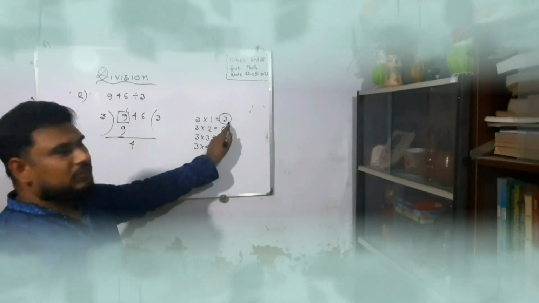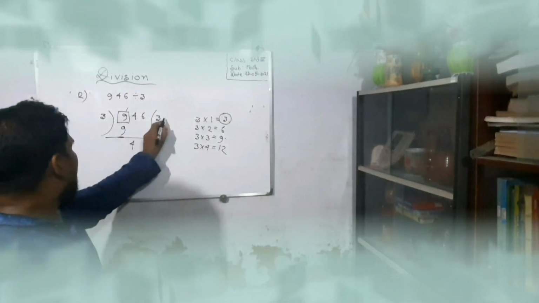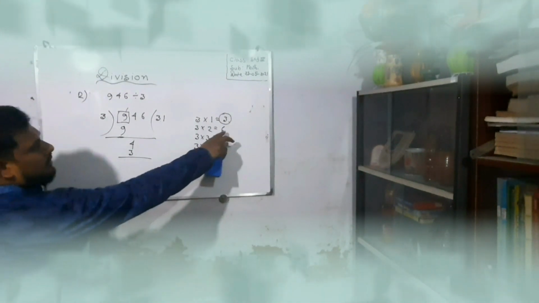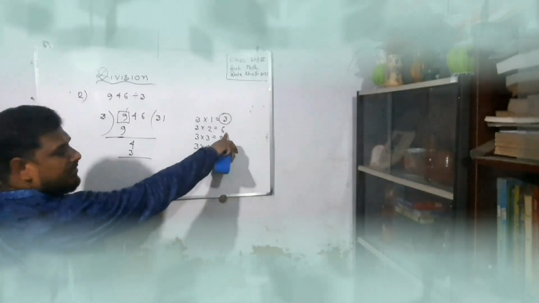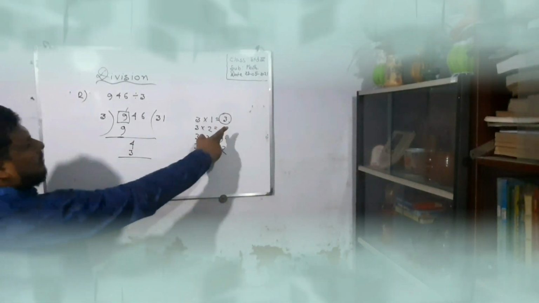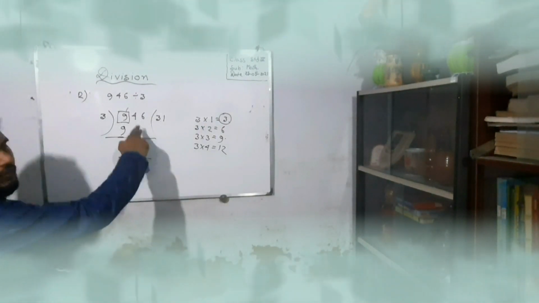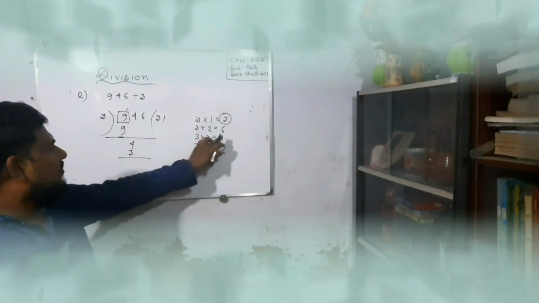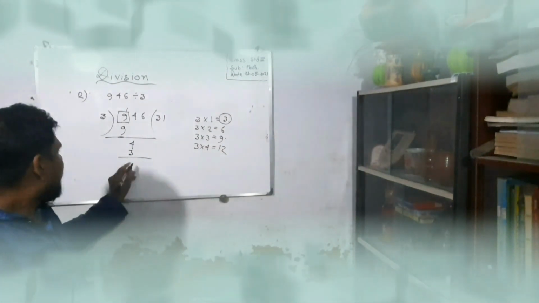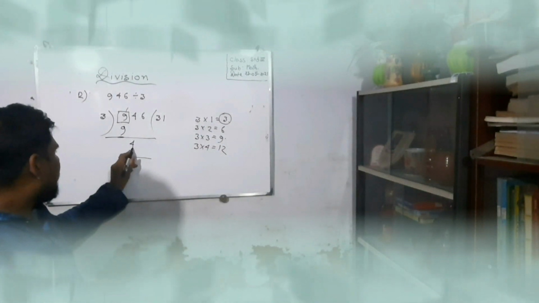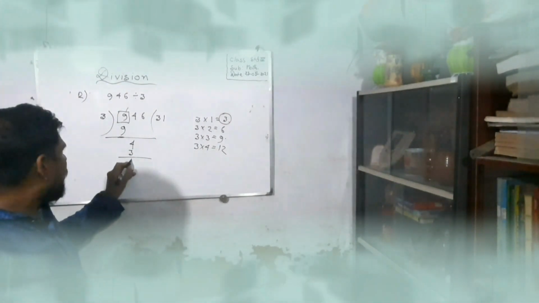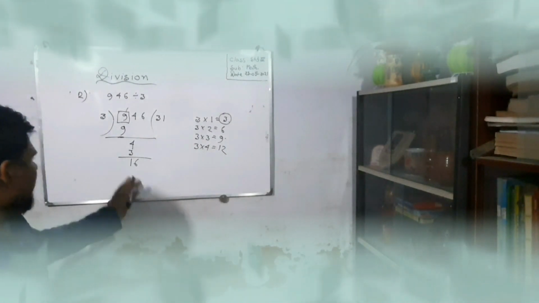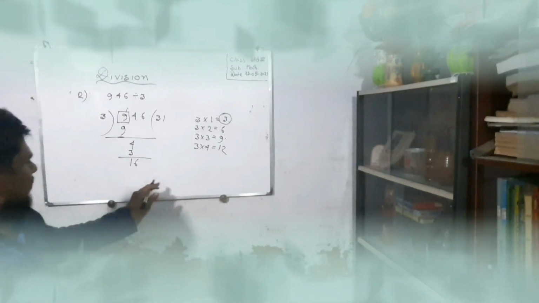We can take 3. 3 into 1 equals 3. If you take the digit 6, it is larger than 4. So we didn't take 6. Then we will subtract 4 minus 3 equals 1. Then the 6 down. Then the digit will be 16.